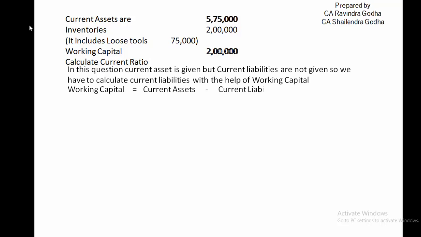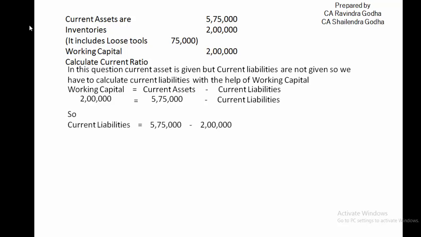We know that working capital is equal to current assets minus current liabilities. Working capital given in the question is 2 lakh. Current assets 5,75,000 and current liabilities are not given. So current liabilities will be 575 minus 2 lakh is equal to 3,75,000.